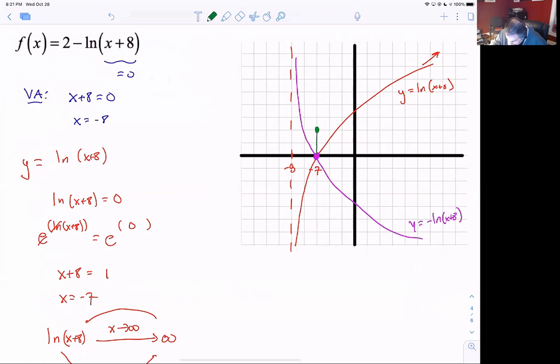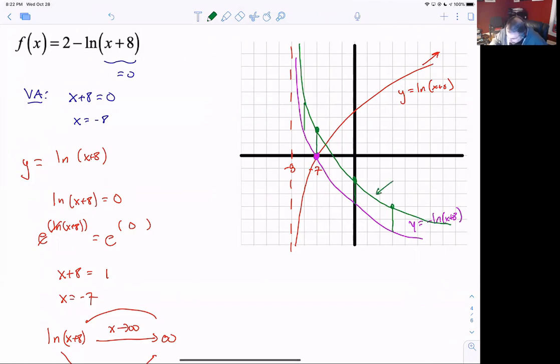It's going to end up here. This point is going to move up 2 units. It's going to end up here. This point is going to move up 2 units. It's going to end here. This point is going to move up 2 units. It's going to end here. So as we go to graph that, everything will just be moved up 2 units. It's going to keep the exact same shape, but it's just going to move up 2 units.